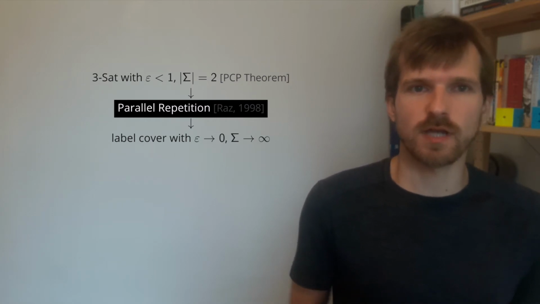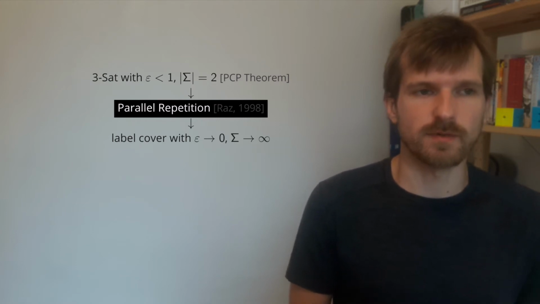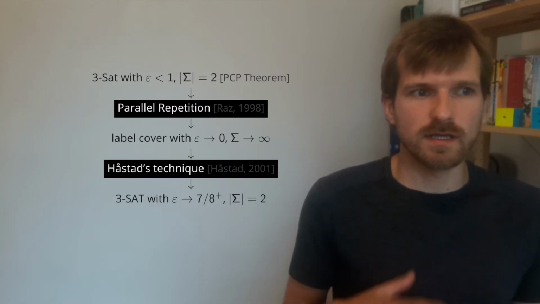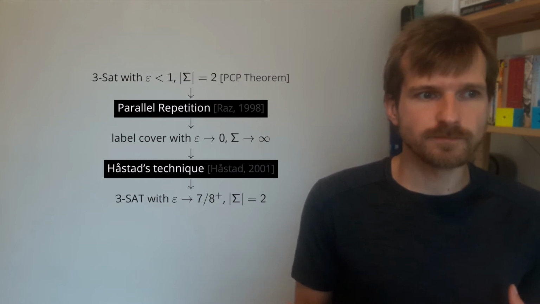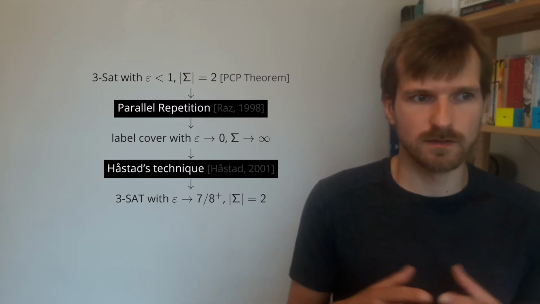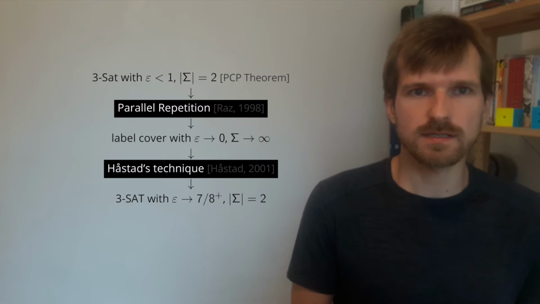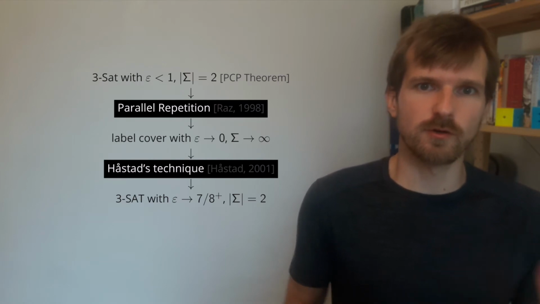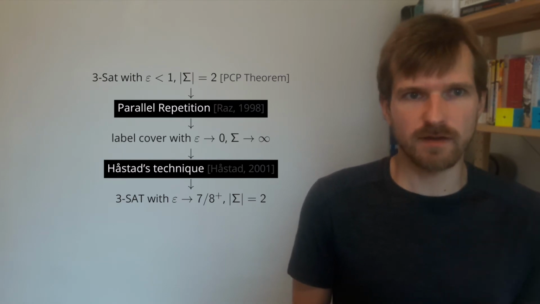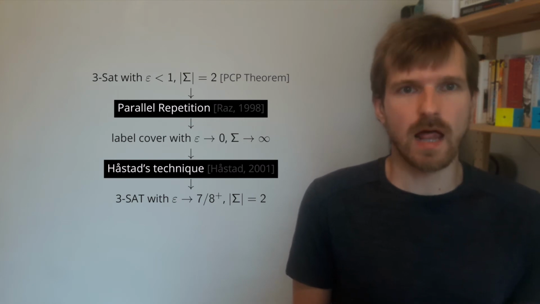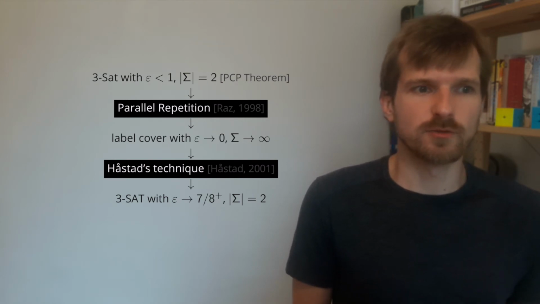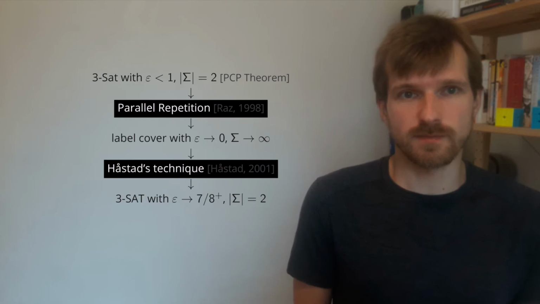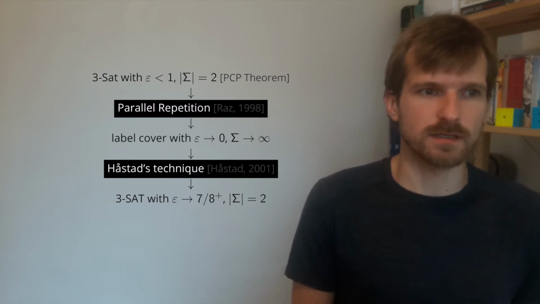And this is what Håstad devised in his paper. He invented this framework of the long code and Fourier analysis that allows you to go from the label cover of very large alphabet back to your original CSP that you are interested in.